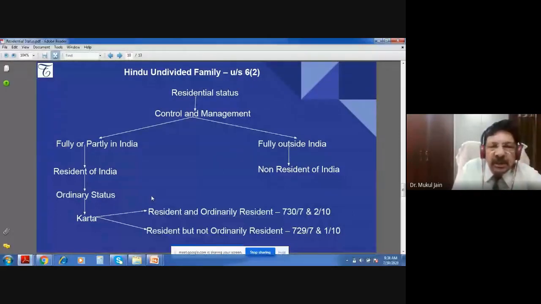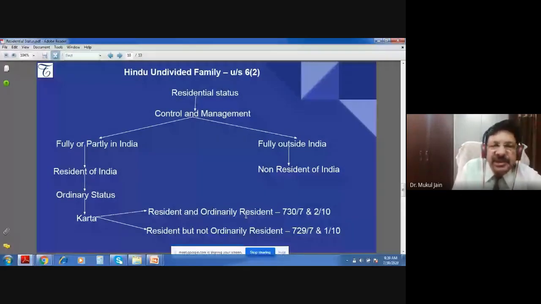So Karta, if he is a resident and ordinarily resident, that is 730 days out of the 7 previous years, and 2 years he is a resident, then the HUF will be known as resident and ordinarily resident.